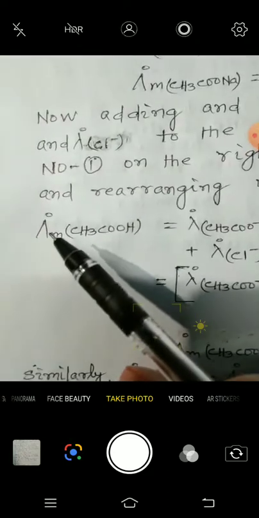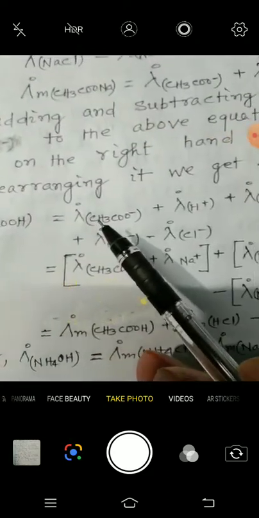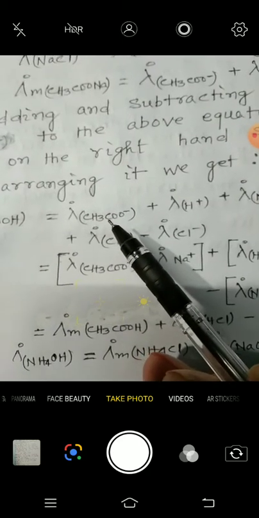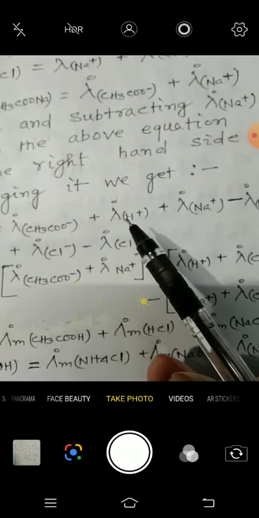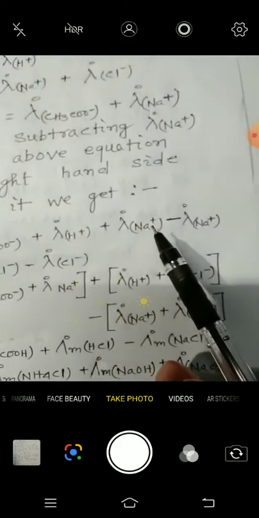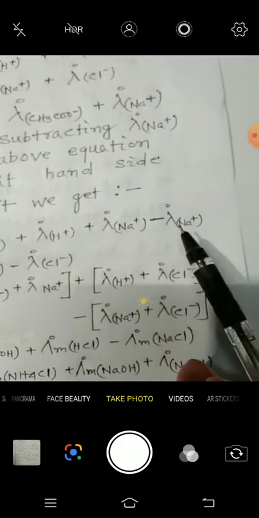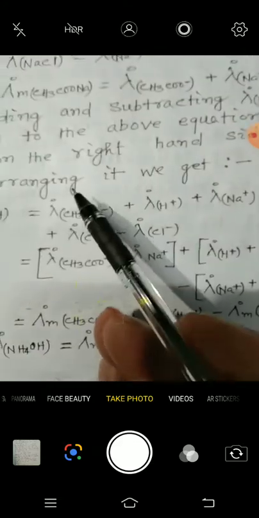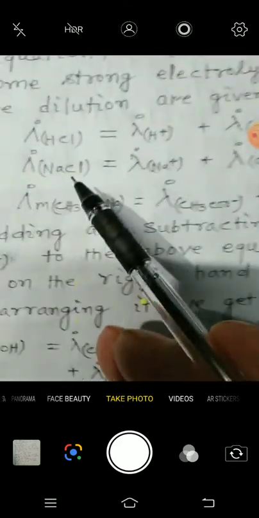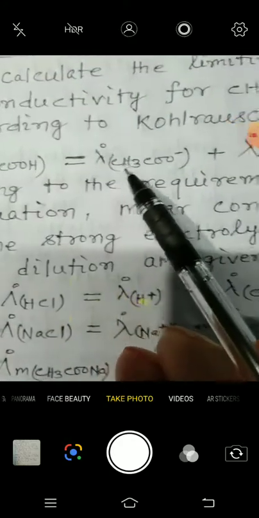Means the limiting molar conductivity of acetic acid will be equal to the limiting molar conductivity of acetate ion plus hydrogen ion plus sodium ion minus sodium ion plus chloride ion minus chloride ion. We can write this equation in this way.